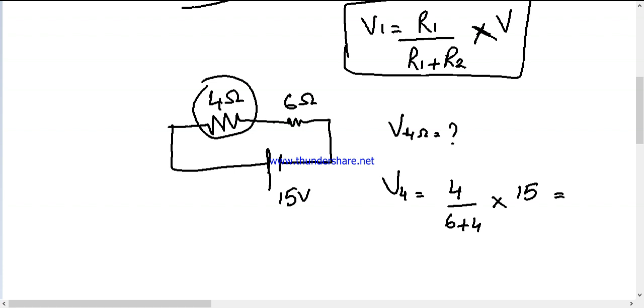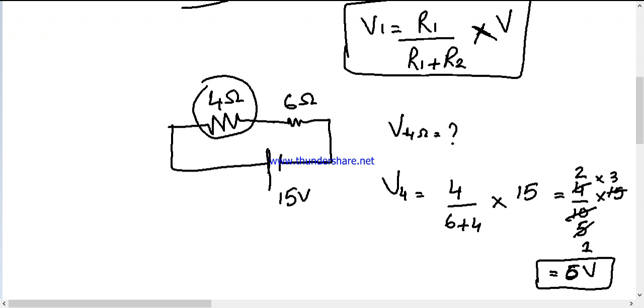So our voltage will be 4 upon 10 into 15. It will be 2 over 5, and 5 over 5 is 50. 2 times 3 is 6 volts.